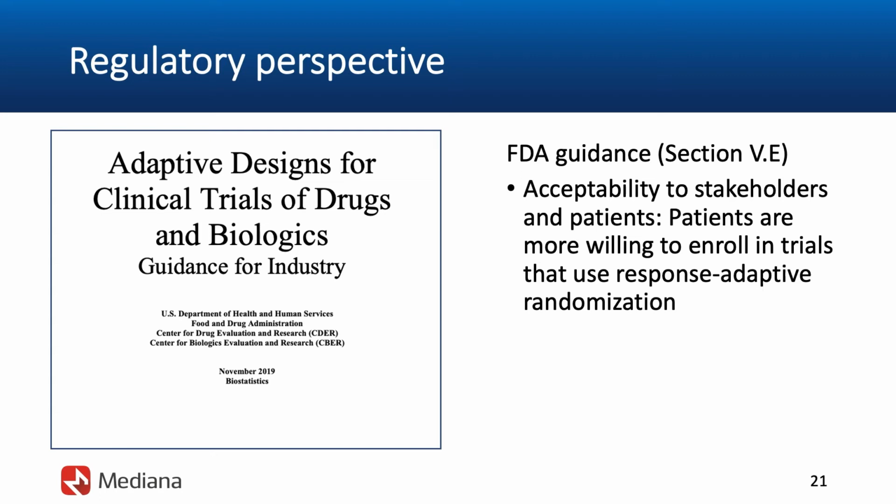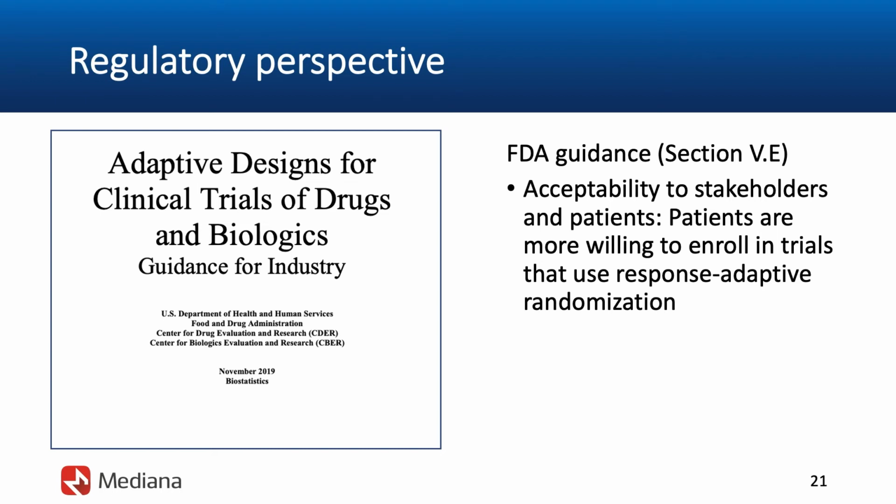These trials can increase the likelihood that patients will receive more effective treatments, and sometimes this probability of being assigned to an effective dose or an effective regimen can be substantially higher compared to the probability of receiving placebo. So, as I said a few slides back, this will facilitate patient recruitment and it will be easier to ensure that patients are compliant with the protocol.